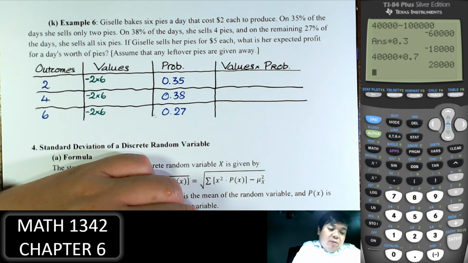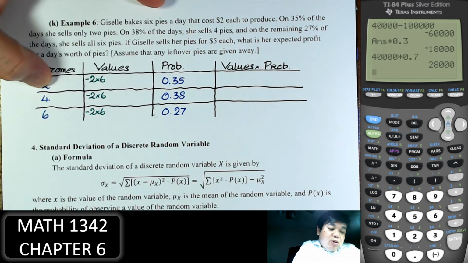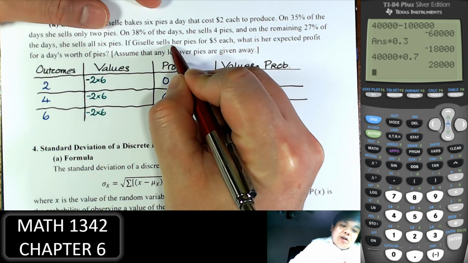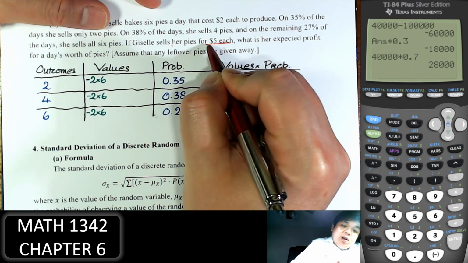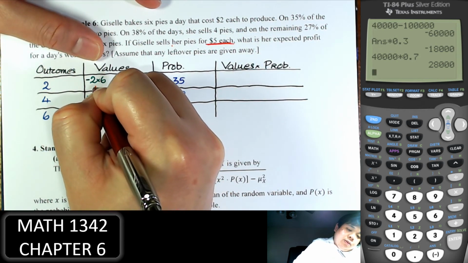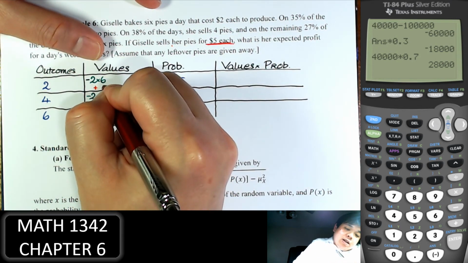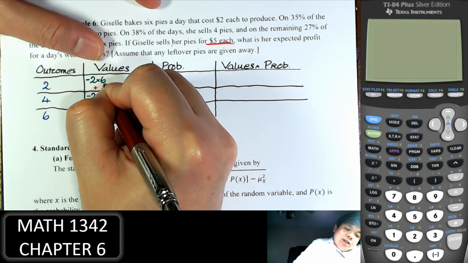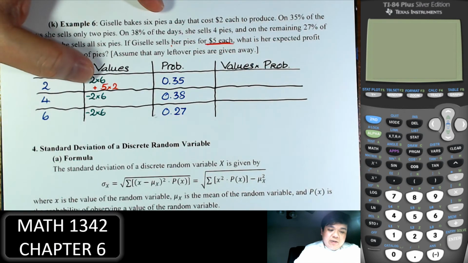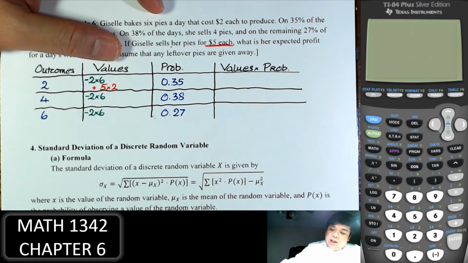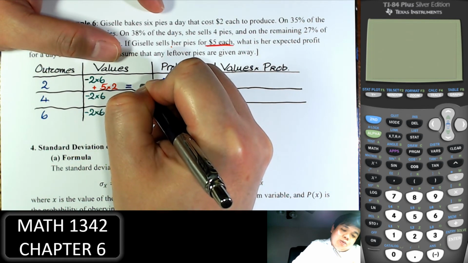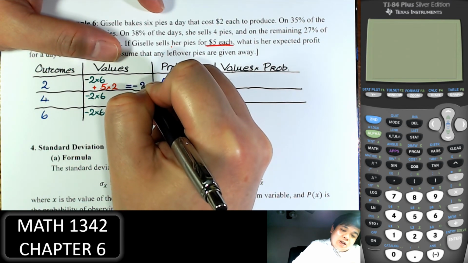Right, now if she sells 2 of them and sets the price at $5 each, she gets $5, but she only sells 2 pies. So the total is -12 plus 10, which is equal to -$2, right?